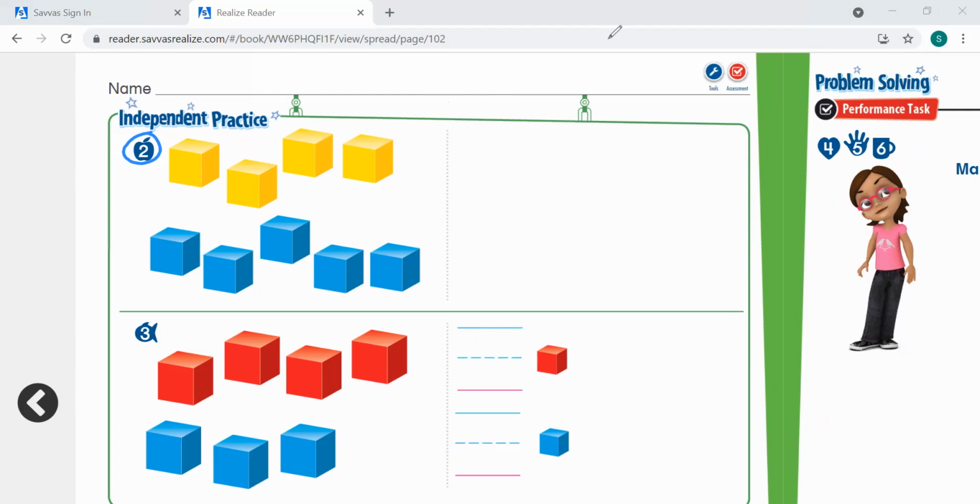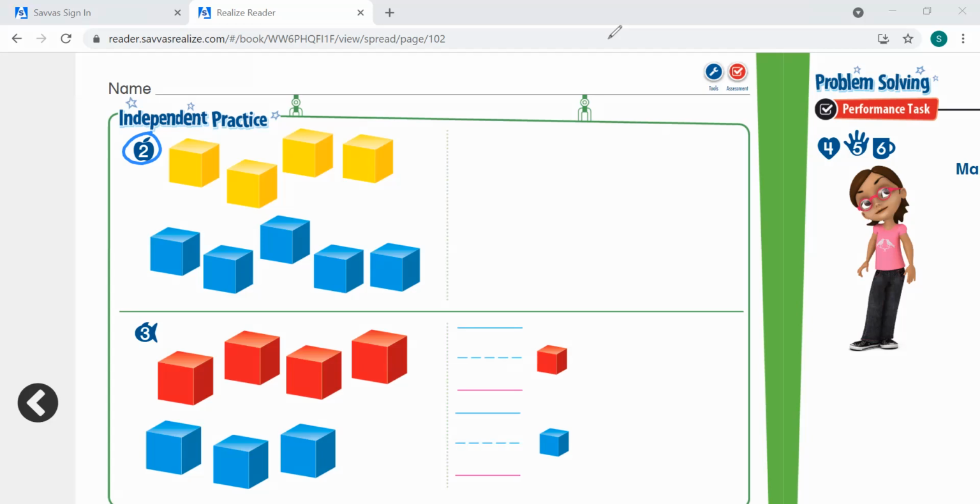How can you use a drawing to show your answer? So you are going to create a drawing to show and explain your answer.